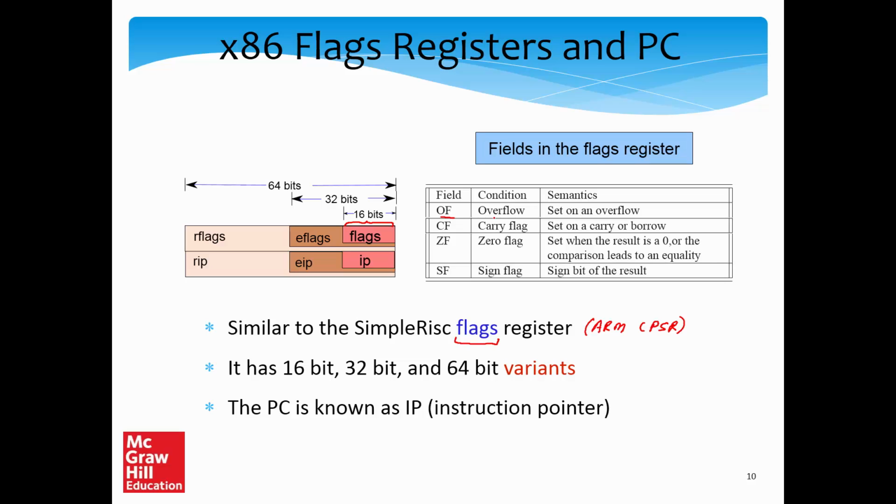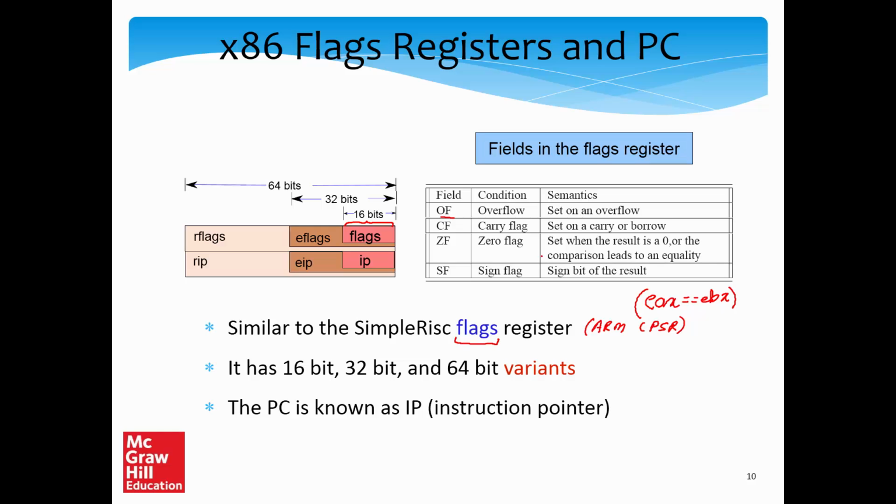If EAX is equal to EBX, I'm writing equal to in C style, if EAX and EBX have the same value, the zero flag will be set. And then we have SF, or the sign flag, which is the sign bit of the result. The sign bit of the result essentially indicates if the result is negative or non-negative. Non-negative means positive or zero.